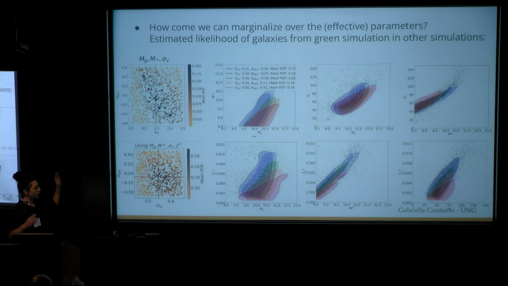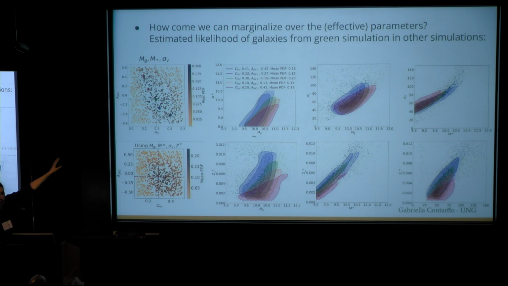We're going to start with fewer features. Let's look at just 3 features for our simulation, and look at the estimated likelihood. Let's say my reference simulation is the green simulation in the middle, so it's going to be the green distribution.